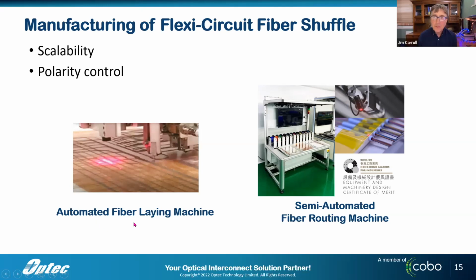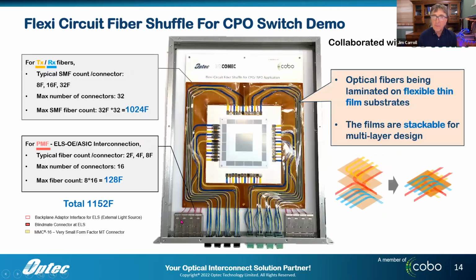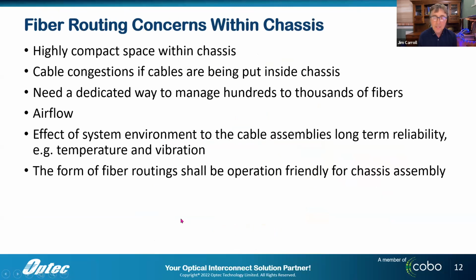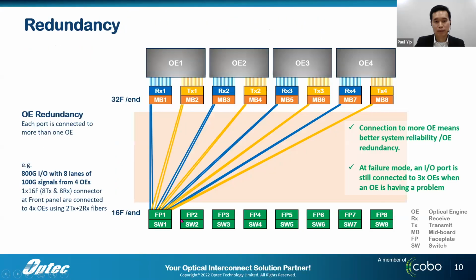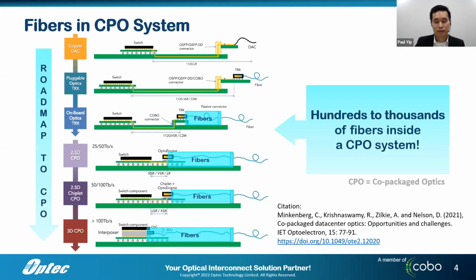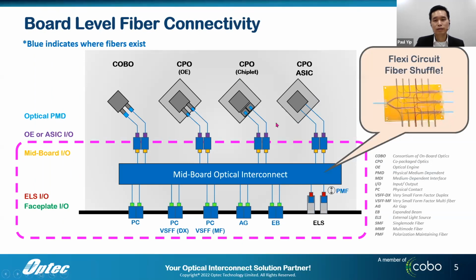Will the fiber shuffle be required to survive solder reflow in the future, or does it already? The scenario we are talking about right now is on the midboard. Typically we're seeing the passive here.